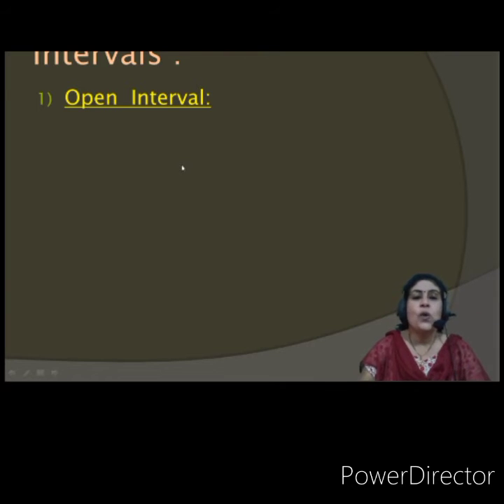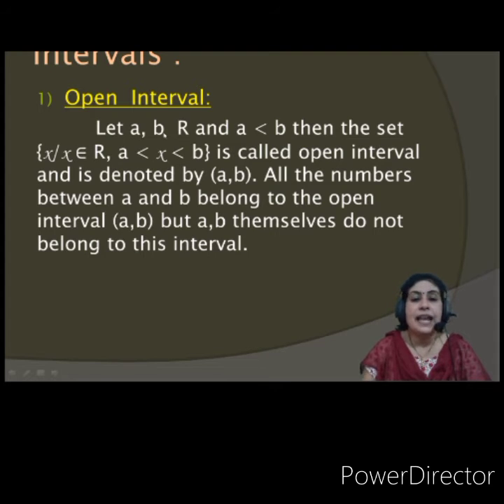So the first one is the open interval. What does that mean? Let A and B belong to the real numbers, so A and B are some real numbers.